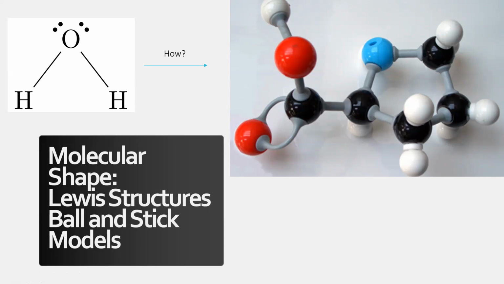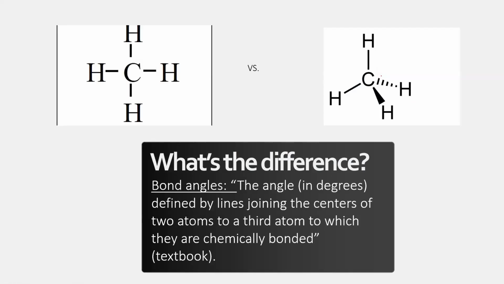Obviously, there are going to be different atoms in there, but how would we model this H2O in a 3-dimensional space, like our atom on the right is modeled in a 3-dimensional space? So let's consider this molecule here on the left. This is called methane. The molecular formula is CH4, and if we were to draw a Lewis dot diagram, this is what it would look like here on the left.